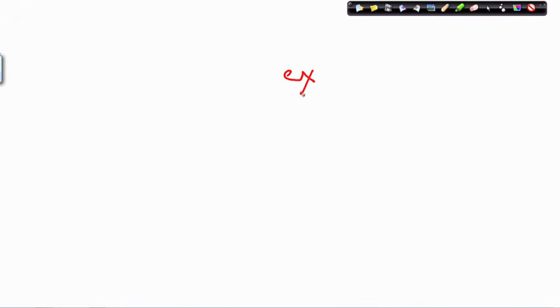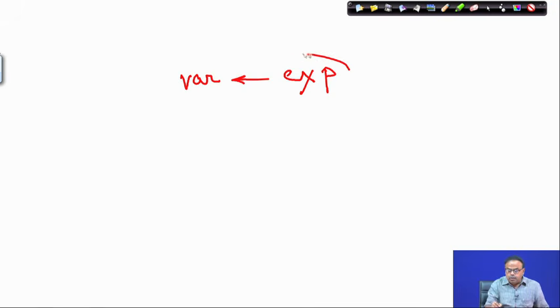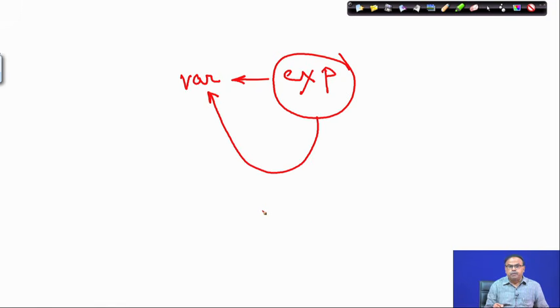That means the right hand side is an expression and the left hand side is a variable. We compute the expression and assign the value of that computation to this variable, and this is the assignment operator. Okay.